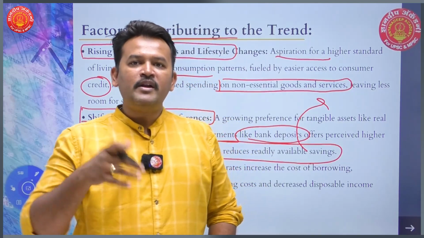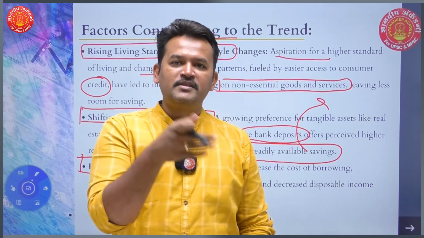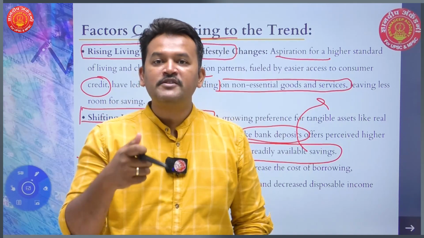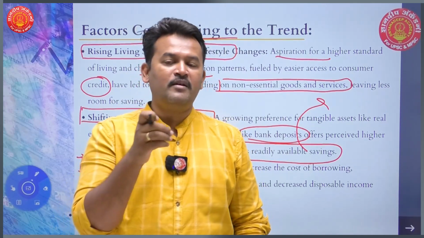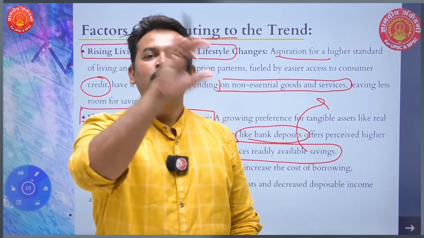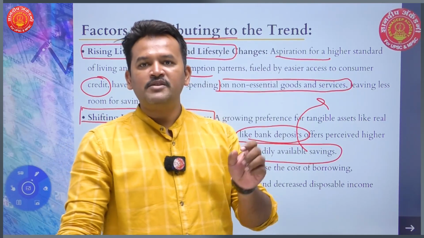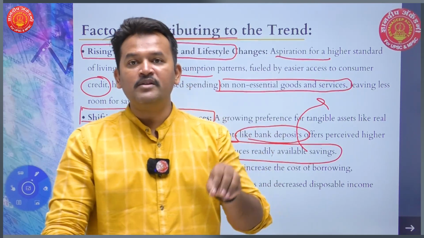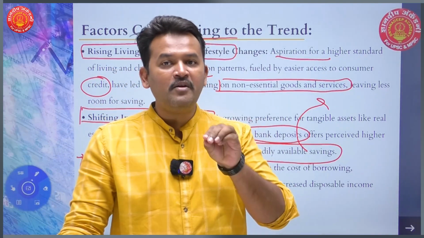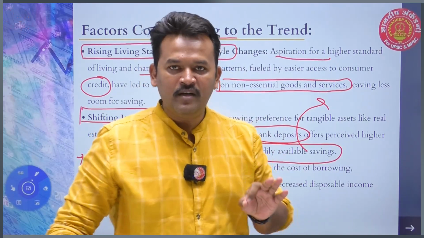If banks don't have savings accounts, if they don't have access to the fixed deposits of consumers, then they will not be able to create credit for the secondary sector or the industries. So there will be a crunch in credit availability for the secondary or tertiary sector, and it will cause an area of tension for economic growth. Understand?